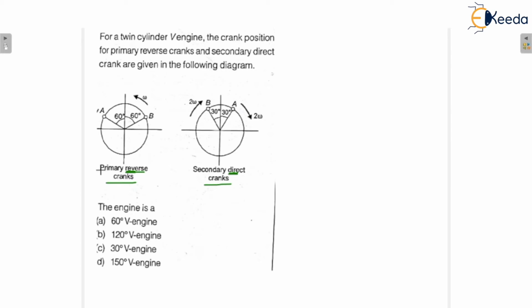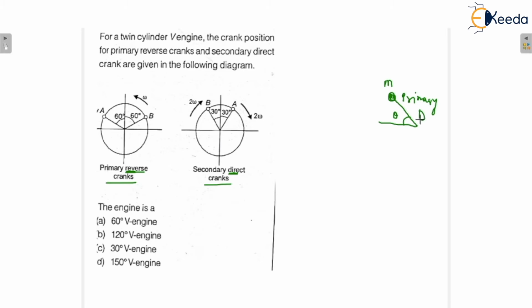So how can we say which type of engine this is? How can we find out? We all know that the crank makes a certain angle with the line of stroke. This is our line of stroke. This is our primary direct crank.